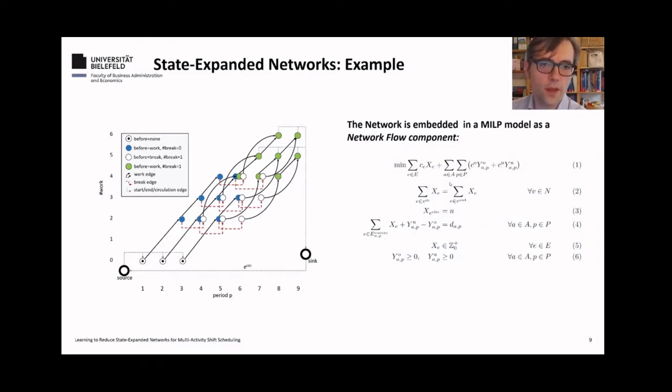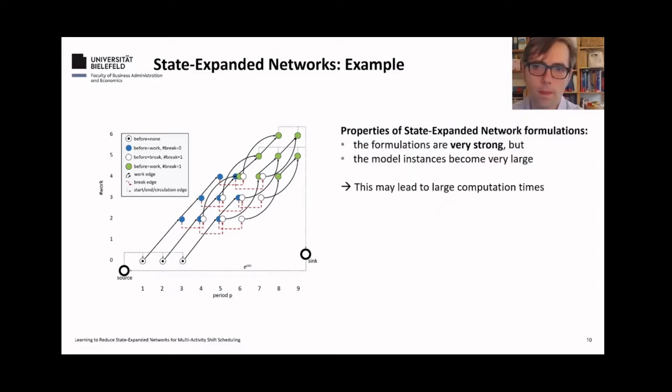And due to the fact that all shift composition rules are embedded in the network, we do not need to explicitly model any shift composition rules in the mathematical model. The only rule that we need to consider here are the demand covering constraints, which then enter, for example, here as a penalty term in the objective function.